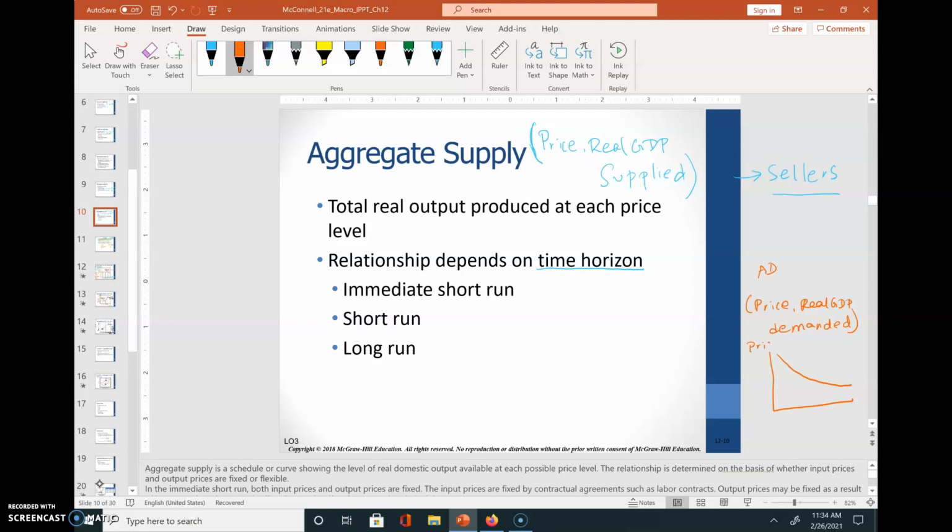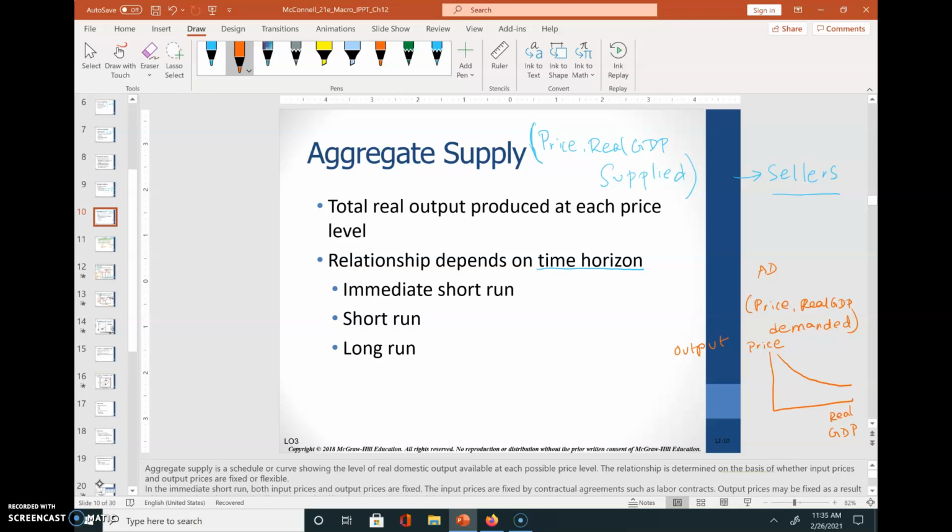The aggregate demand curve is downward sloping. Always with these graphs, the output price will be on the vertical axis and the real gross domestic product will be on the horizontal axis.